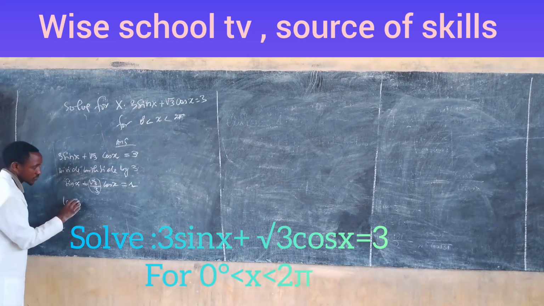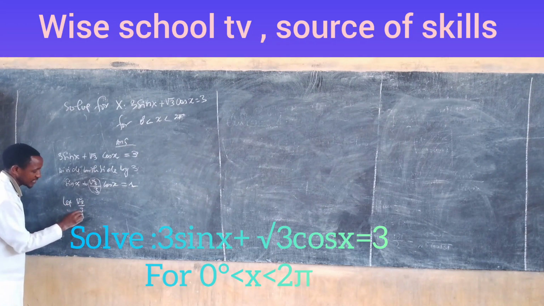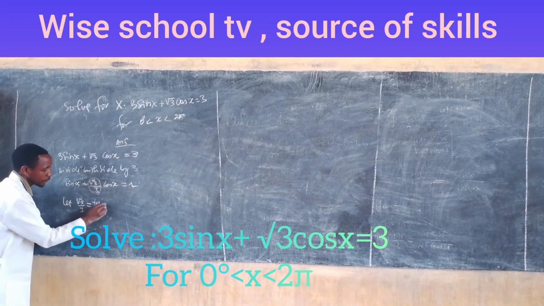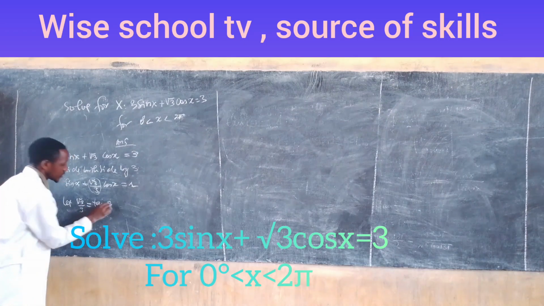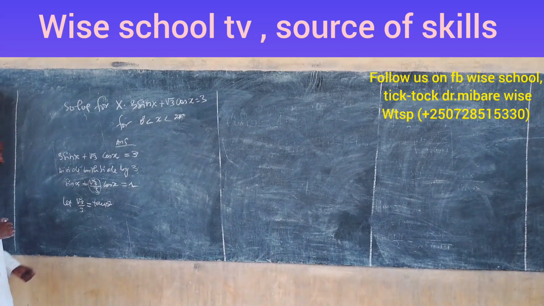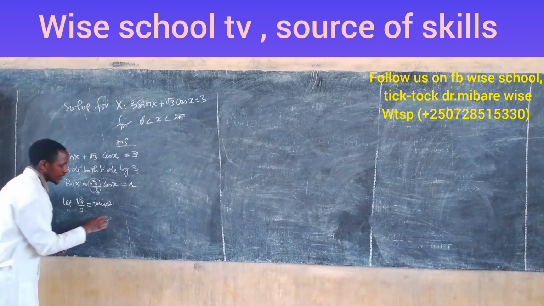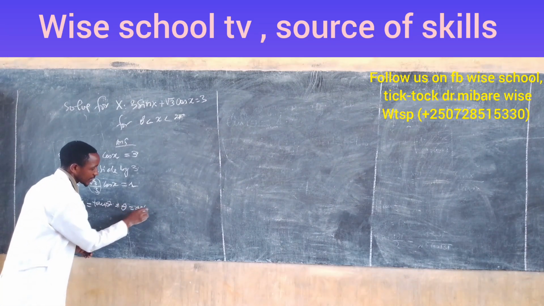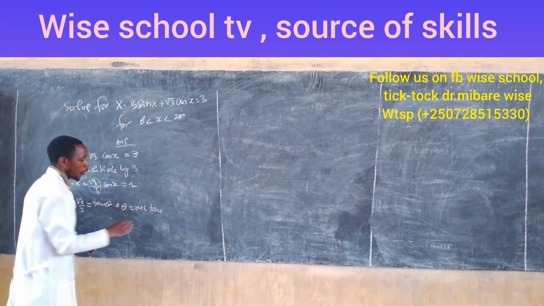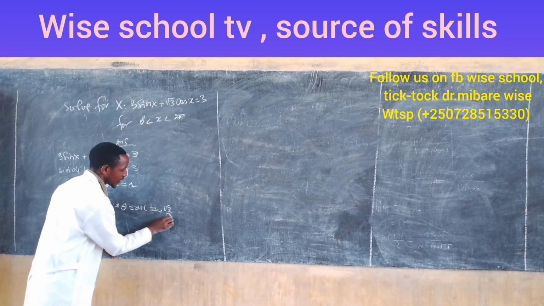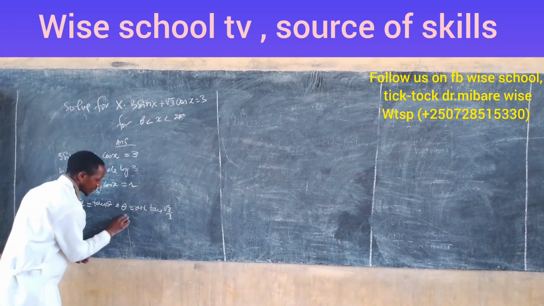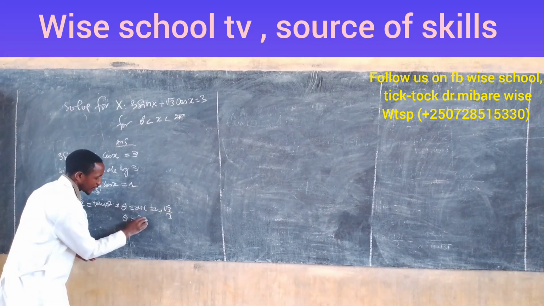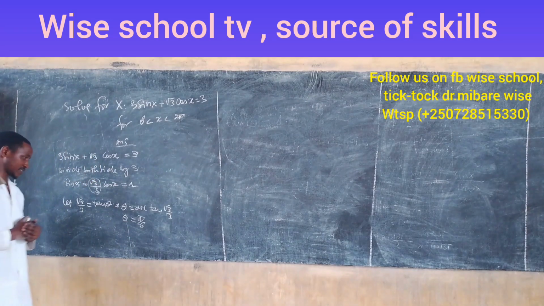let square root of 3 over 3 be equal to tan of angle theta. So then how to find the angle theta? Then angle theta is equal to arctan of square root of 3 over 3. This is what? Angle theta is equal to pi over 6.